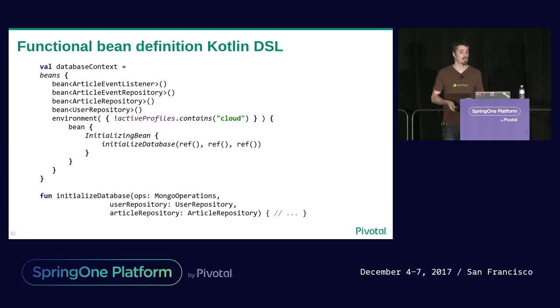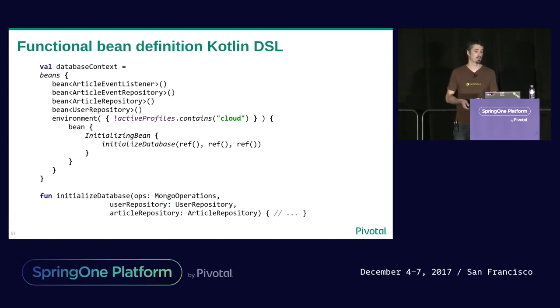So when I specify a bean of ArticleRepository, if ArticleRepository has some constructor or field-based injection, they will be automatically injected. We can use some more dynamic statements like environment or profiles to be able to do conditional registration. So these are facilities that we provide by default. But you can also use any kind of if statement, or customized statement. This is code, so you can use for loops, you can use if statements, you can use what you want.